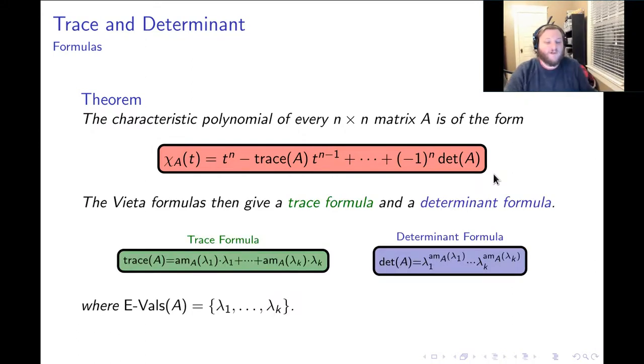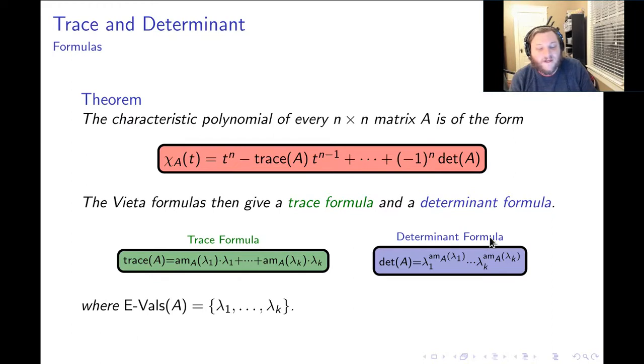So if we apply the Vieta formulas to this formula for the characteristic polynomial, we get a trace formula and a determinant formula relating to the eigenvalues. The trace formula tells us that the trace of any matrix is always the sum of the eigenvalues, where each eigenvalue is multiplied by its algebraic multiplicity.